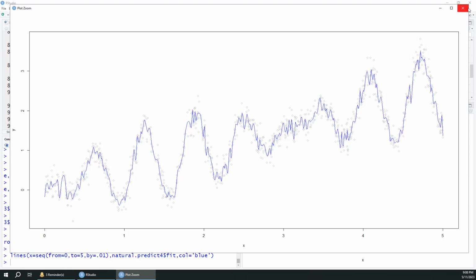So I'm going to go ahead and jump back on over to my whiteboard. And we're going to talk about smoothing splines.